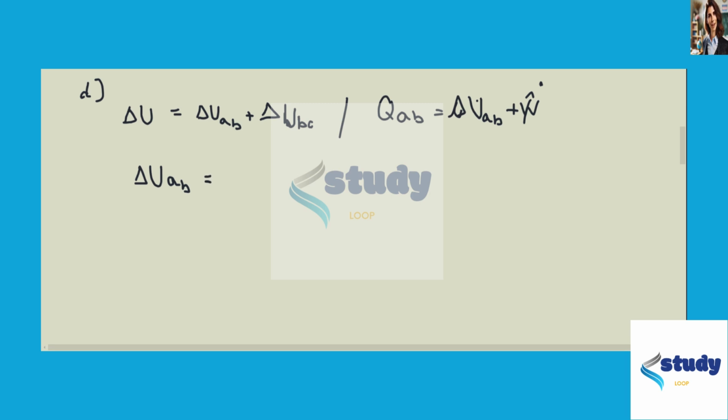So we can use this formula: N times Cv times delta T from A to B.